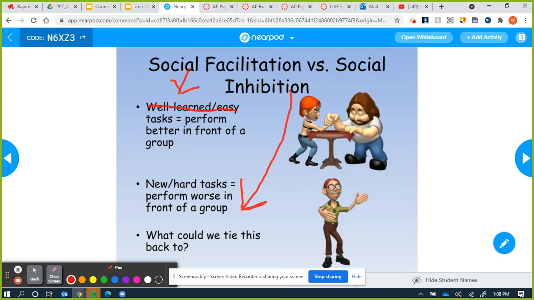And do you remember the inverted U graph? We actually had another one that said for well-learned tasks, we perform better with higher levels of arousal, and for poorly learned tasks, we perform better with lower levels of arousal. All right, you can't remember what it's called. That is Yerkes-Dodson.